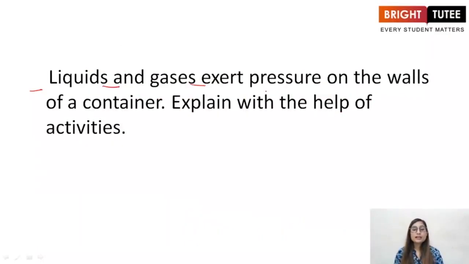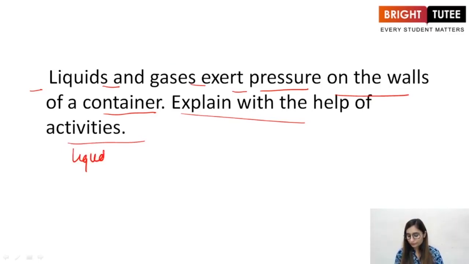Liquids and gases exert pressure on the walls of a container. Explain with the help of activities. So for the liquid, which activity will you prefer? You will be referring to 2 activities. The first activity being where you take cylindrical tube and you fix a balloon on the end of it, right?